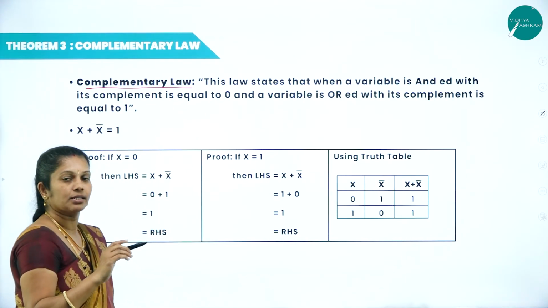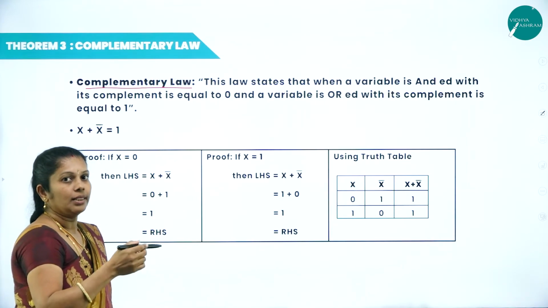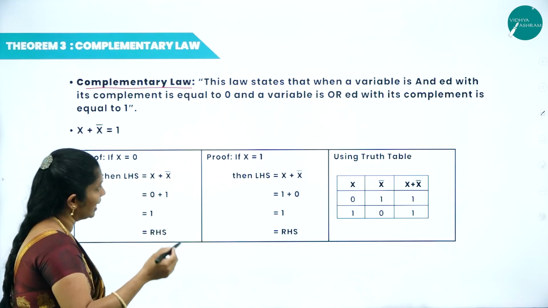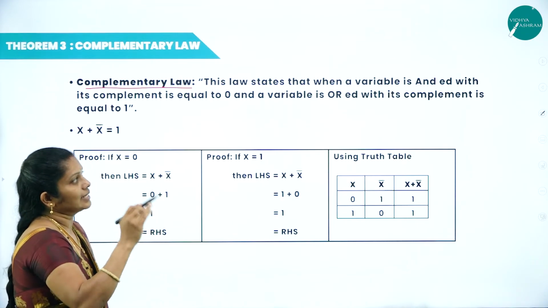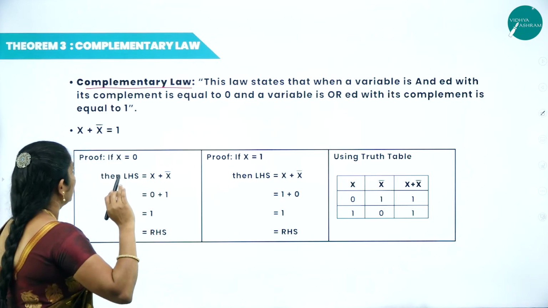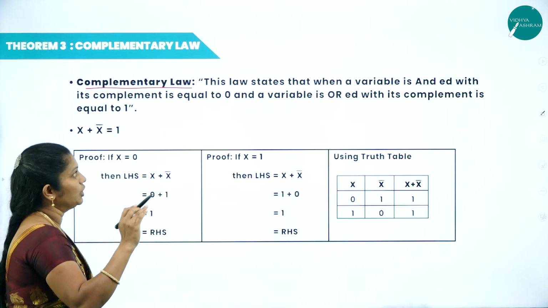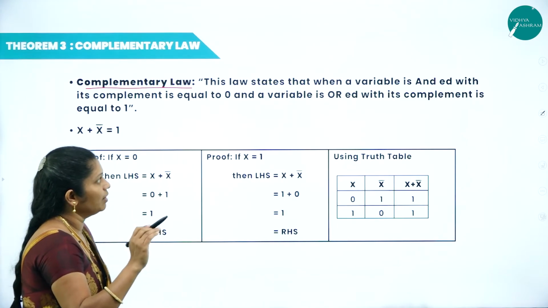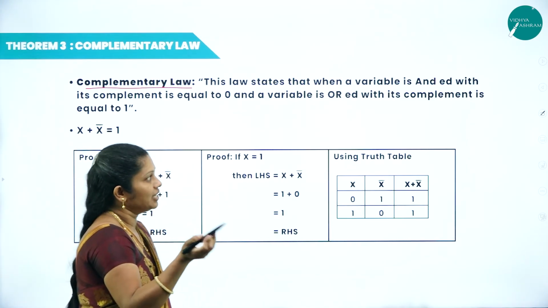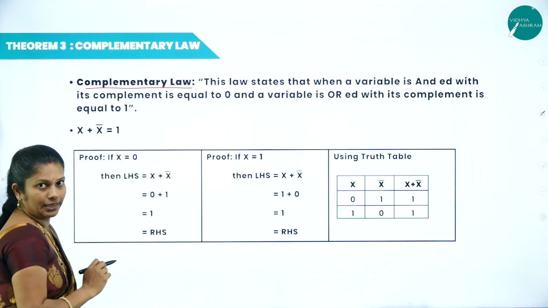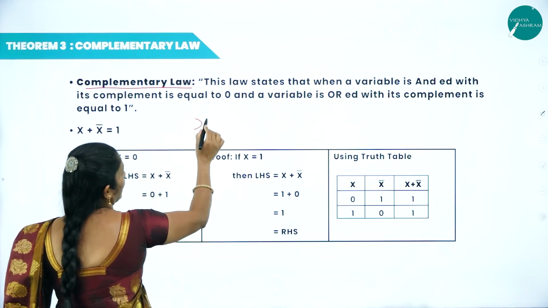What do you mean by this complementarity law? This complementarity law states that when a variable is ANDed with its complement, it is equal to 0, and when a variable is ORed with its complement, it is equal to 1. For example, I am having the x variable.